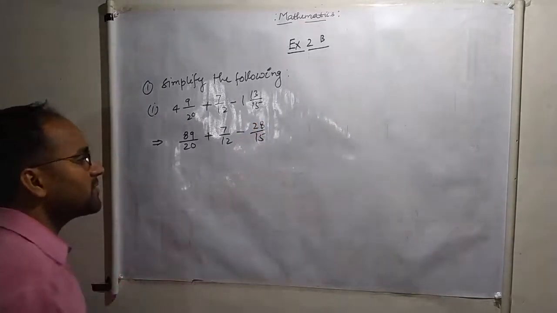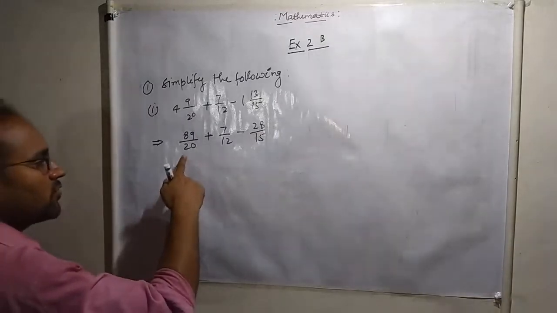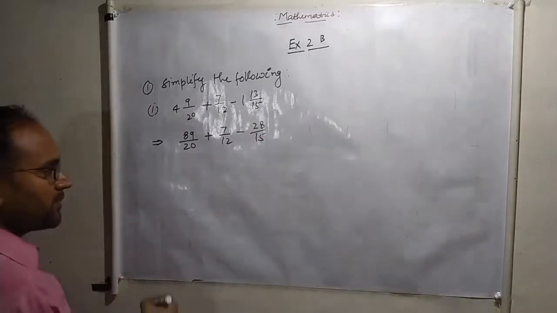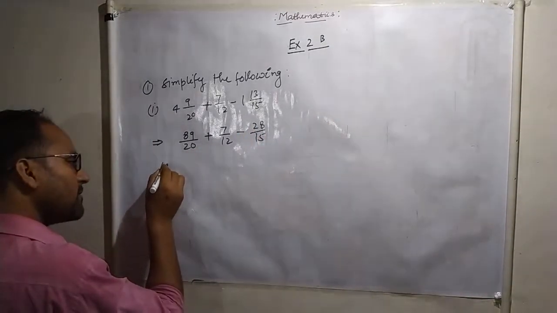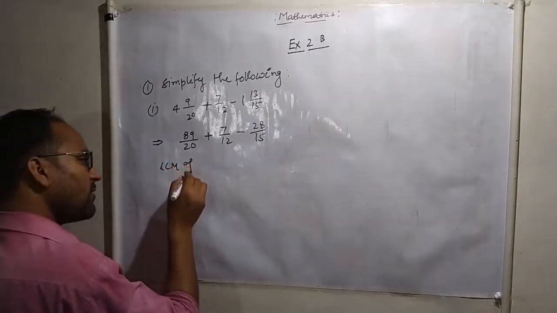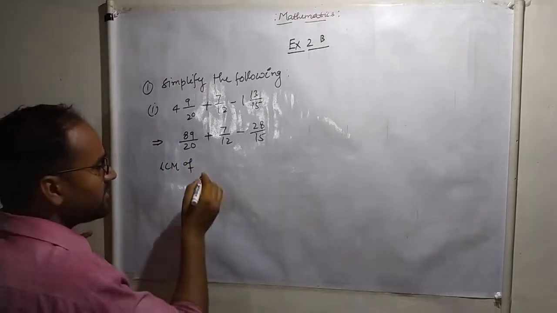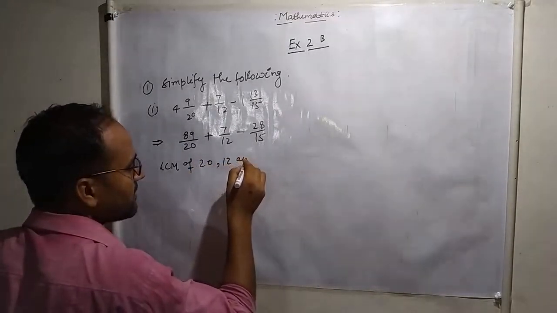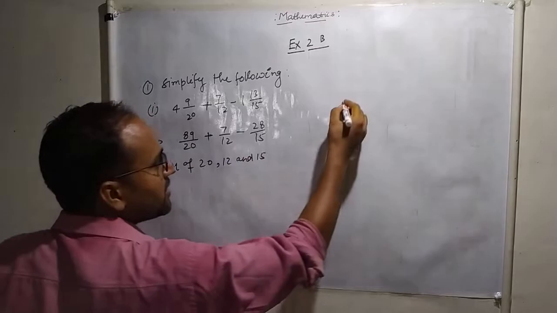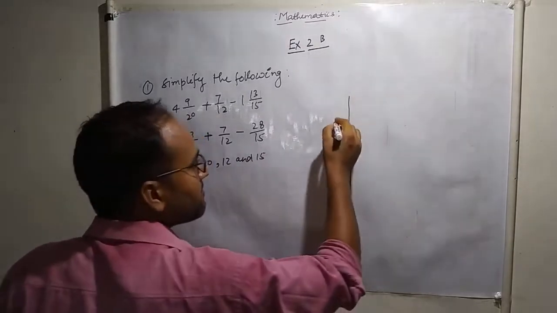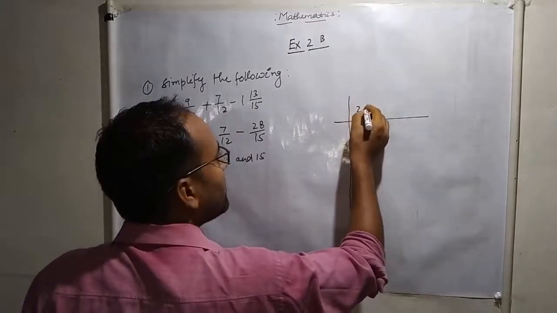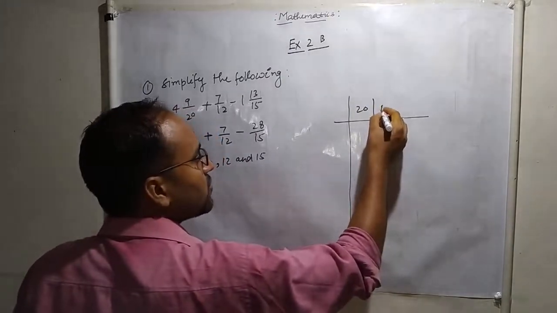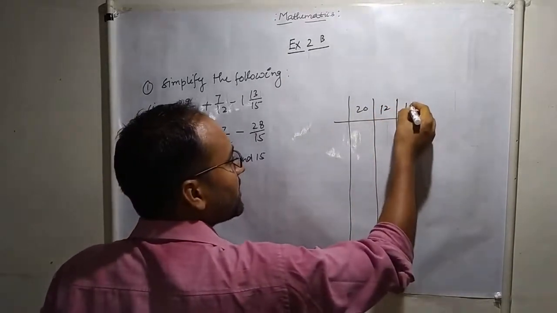And then I am going to take the LCM of 20, 12 and 15, to change it into like fractions. Here I am going to take the LCM of 20, 12 and 15, students.